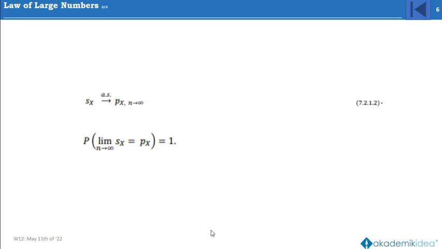What this means is that the probability that, as the number of trials n goes to infinity, the average of the observations converges to the expected value is equal to 1.